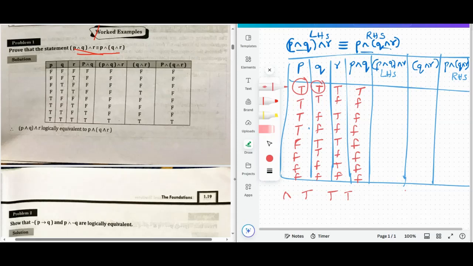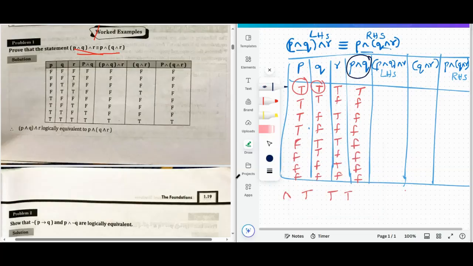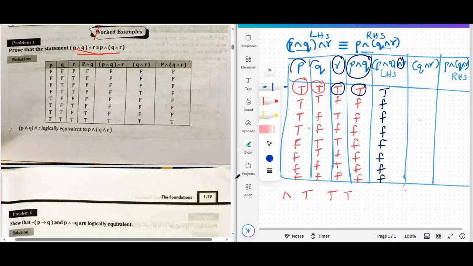Then we'll go for the next one, (P and Q) and R. That means we'll be checking P and Q, this column, and R, the next column. T and T is T, and the rest are all F. Then the next one is Q and R. We'll take Q and R, these two columns.